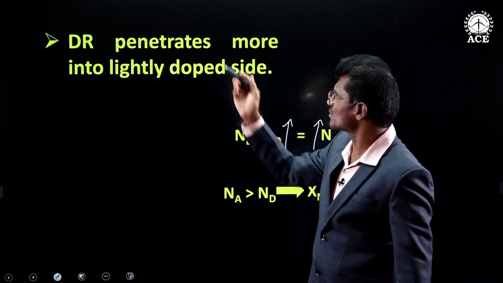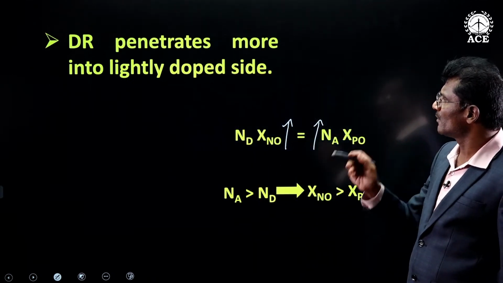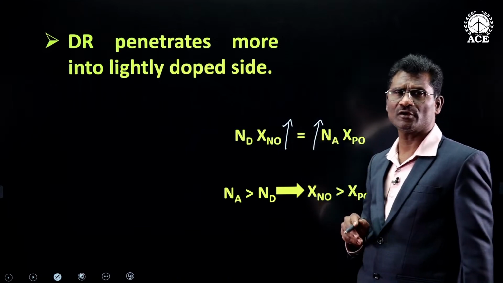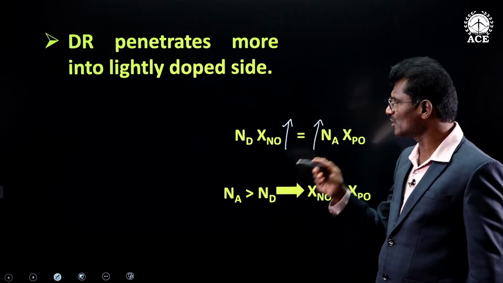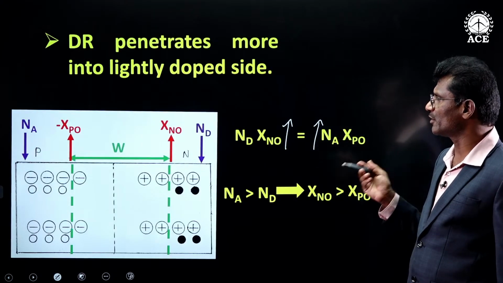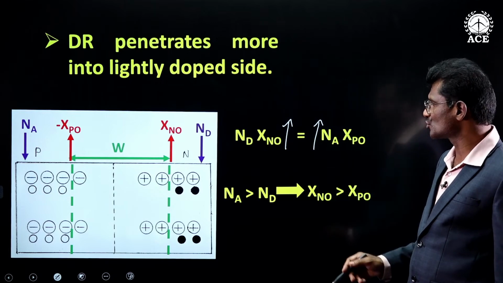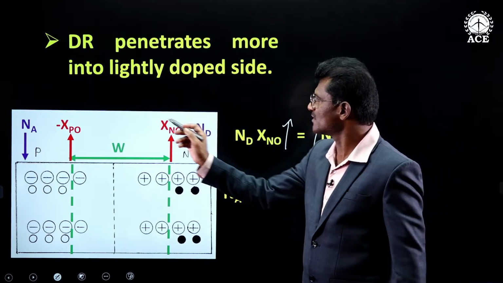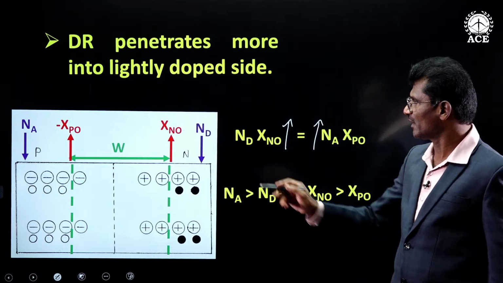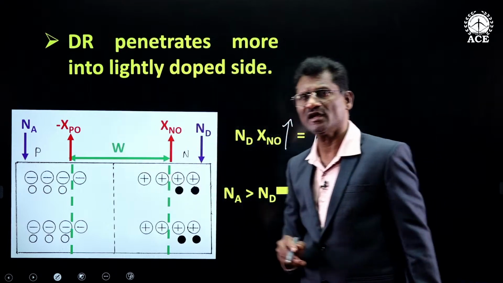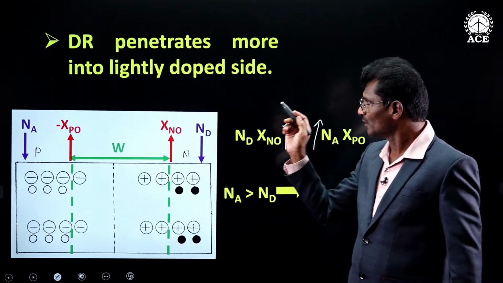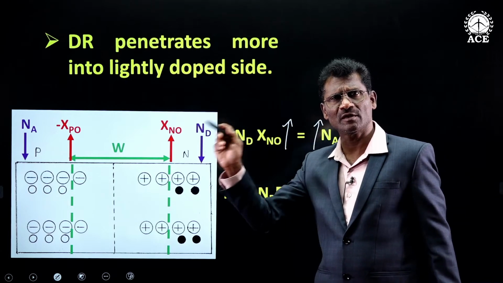That is the meaning of this statement. Depletion region penetrates more into the lightly doped side. So we are assuming that Nd is less than Na, and hence Xn0 is greater than Xp0. This statement is very important.